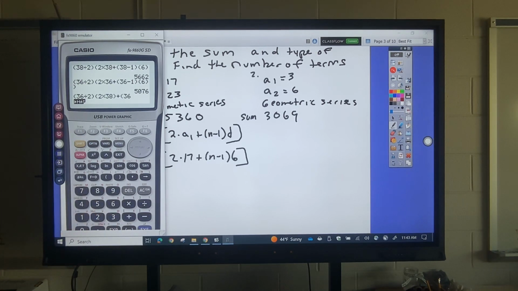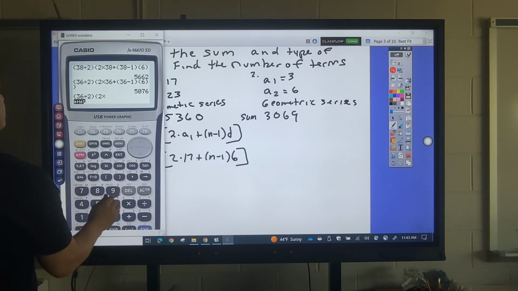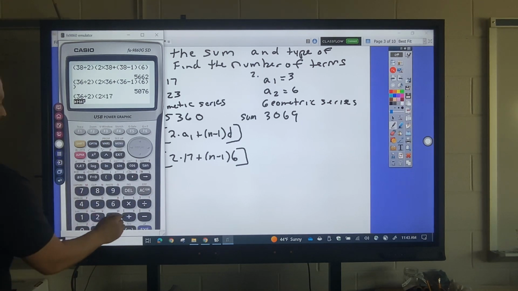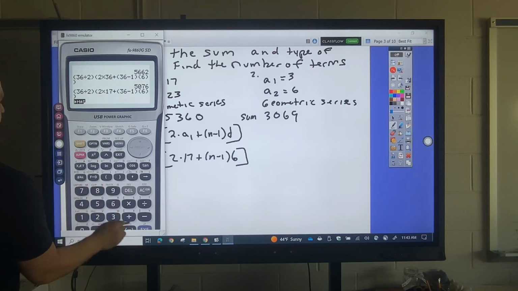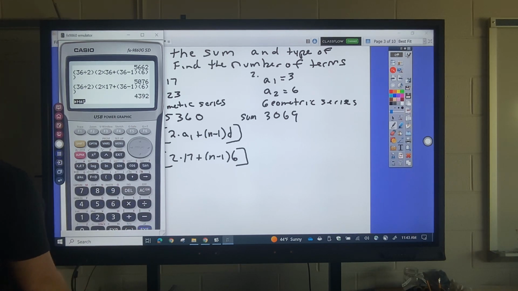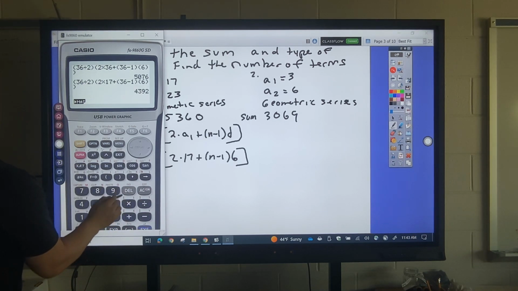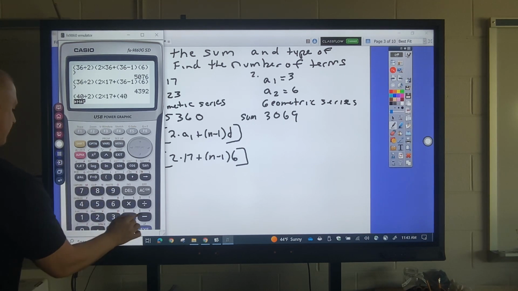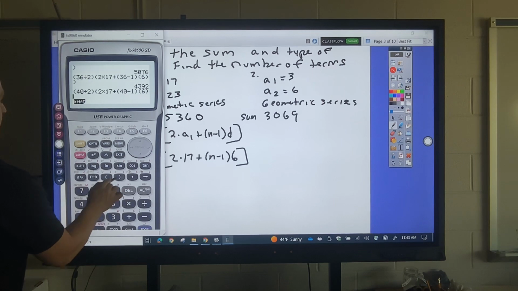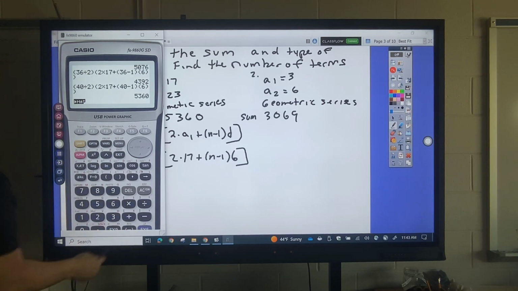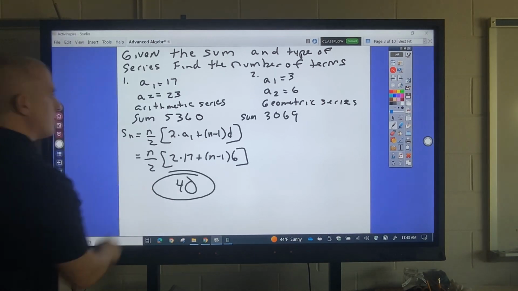Oh wait, that's not the first term. That's why I'm not getting the answer, typing the wrong first term in. Making calculator mistakes. There it is, 40. Sorry about that, I was typing the wrong stuff in.